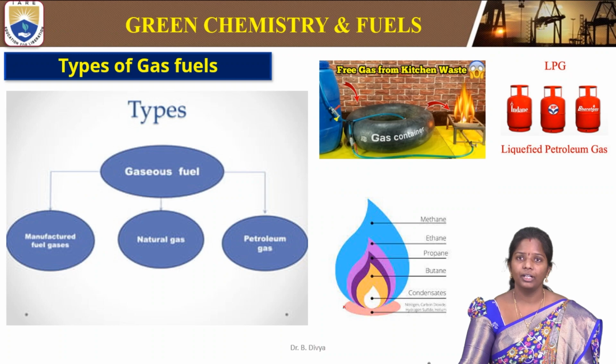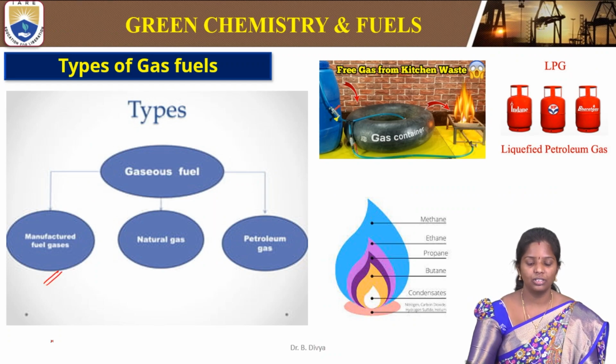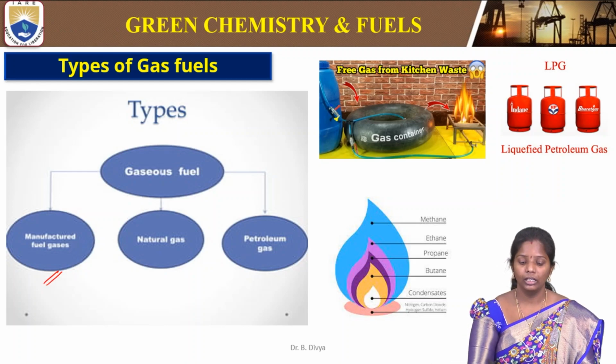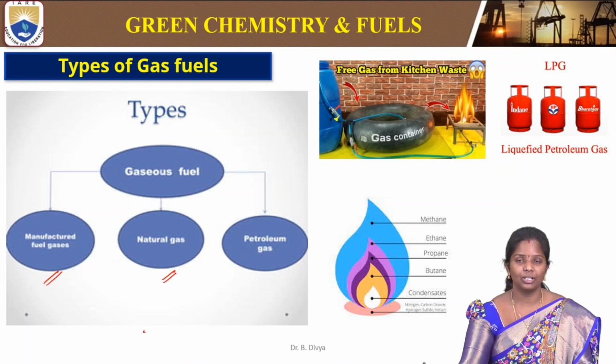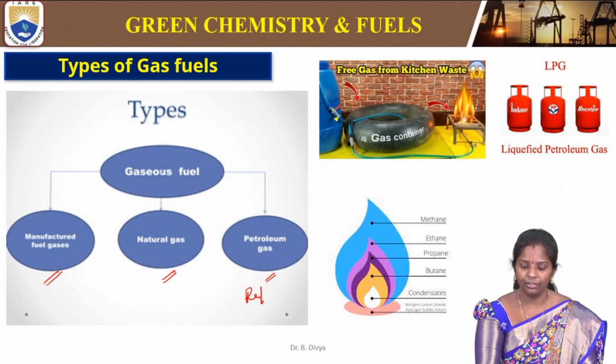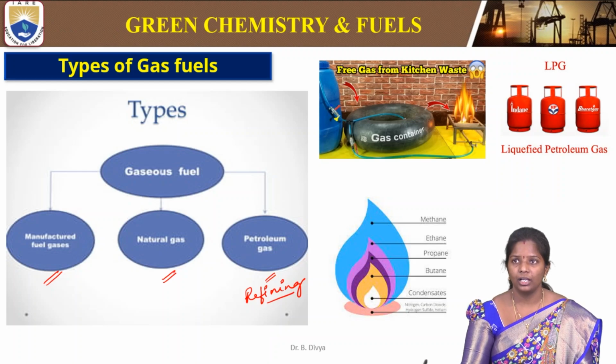There are different types of gaseous fuels. One of them is manufactured fuel gases, which are manufactured by mankind, then naturally occurring gas, natural gas, and petroleum gas that we obtain from refining. From refining we also get some gas, which is the petroleum gas.